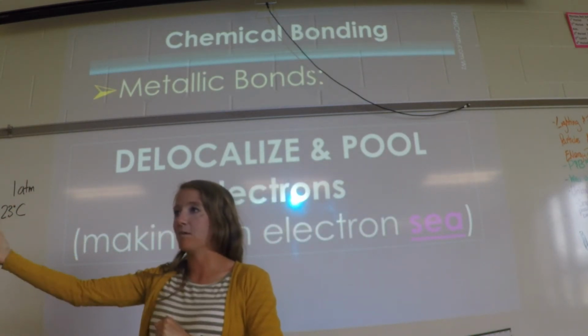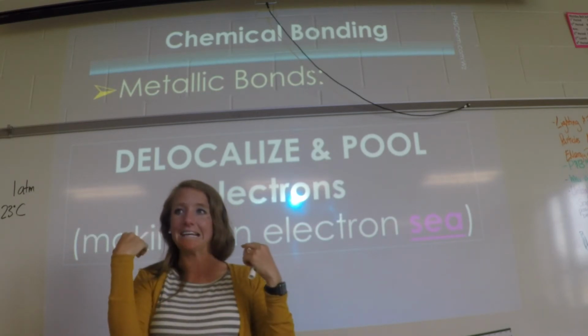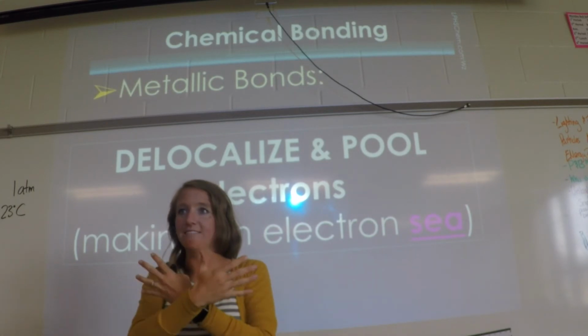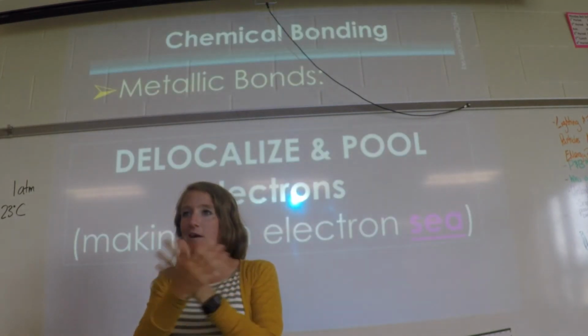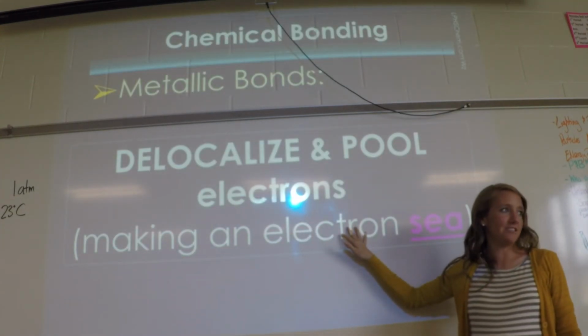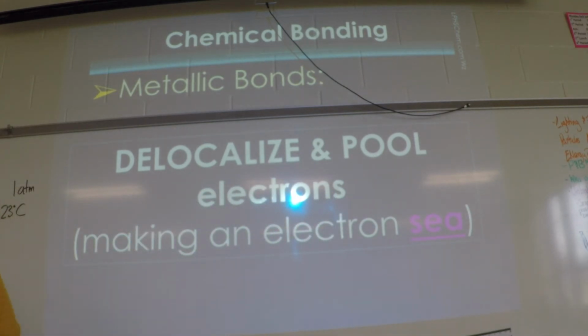They're sharing with each other. Metallic is like communism, because we're all going to share with everyone. Basically we're going to dump all our electrons into the sea and we all share with each other, rather than just sharing with one other person.